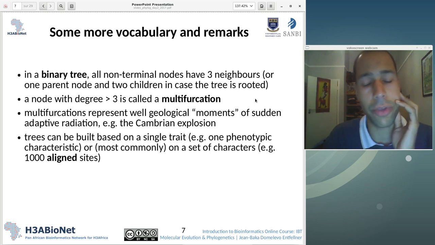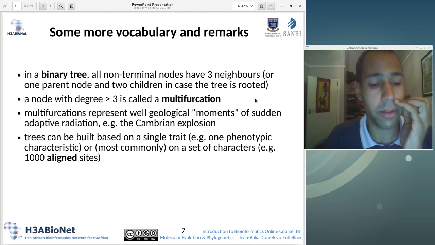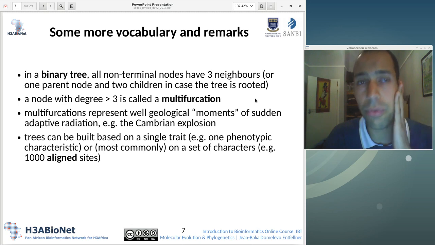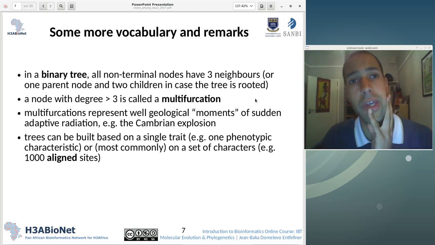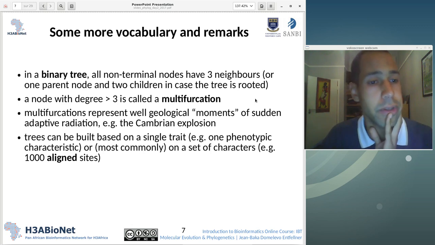So if you see this in the vision of an unrooted tree, then each node has three neighbors, and if you adopt the viewpoint of a rooted tree, then each node has one ancestor and two descendants in a binary tree.